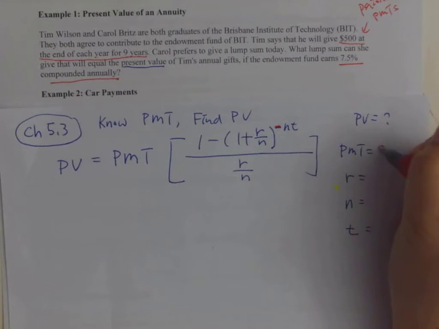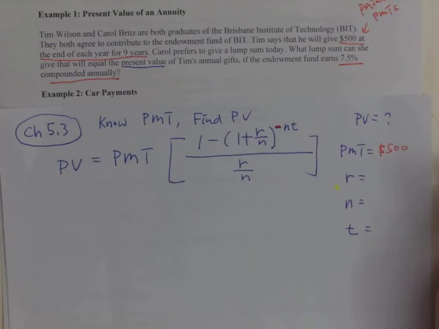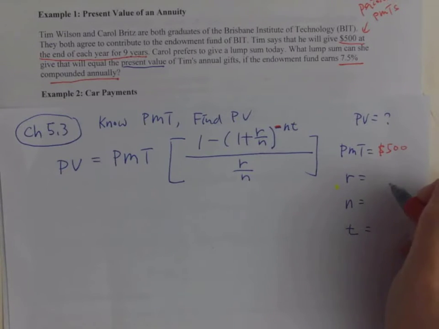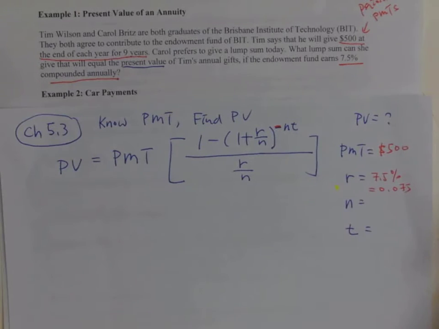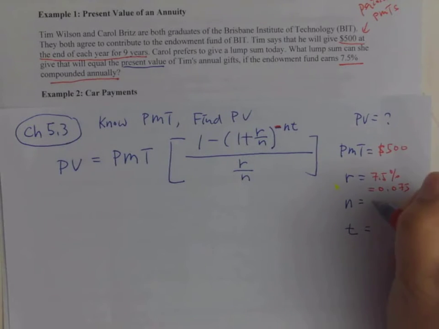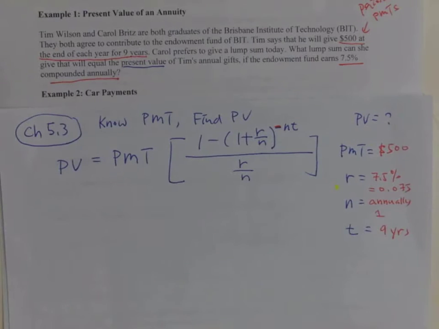Payment is $500 at the end of each year. The r is 7.5%, which you change to 0.075. N is 1, since compounded annually means once a year, and t is 9 years.